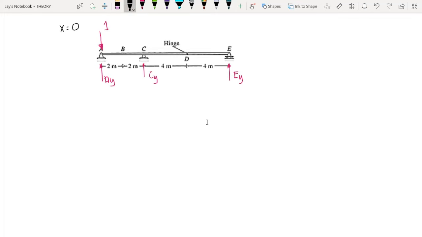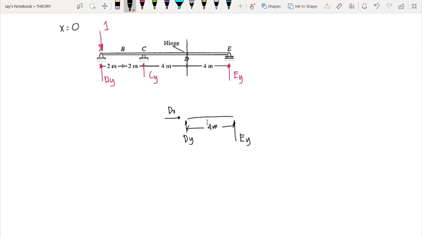In that case, we can compute EY first by cutting at the internal hinge, at D. When we cut at that point, we have these internal forces, and as we all know, if this is an internal hinge, we have no moment at point D. So we can sum up moment at D, and we know that the distance is 4 meters.